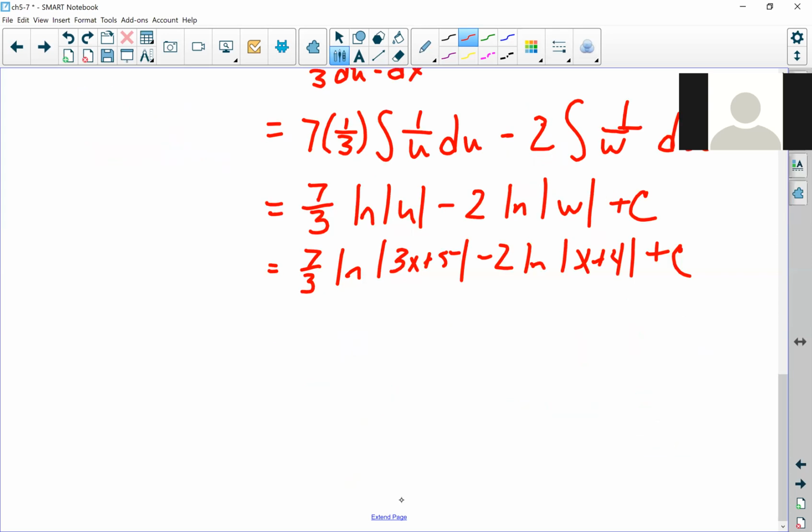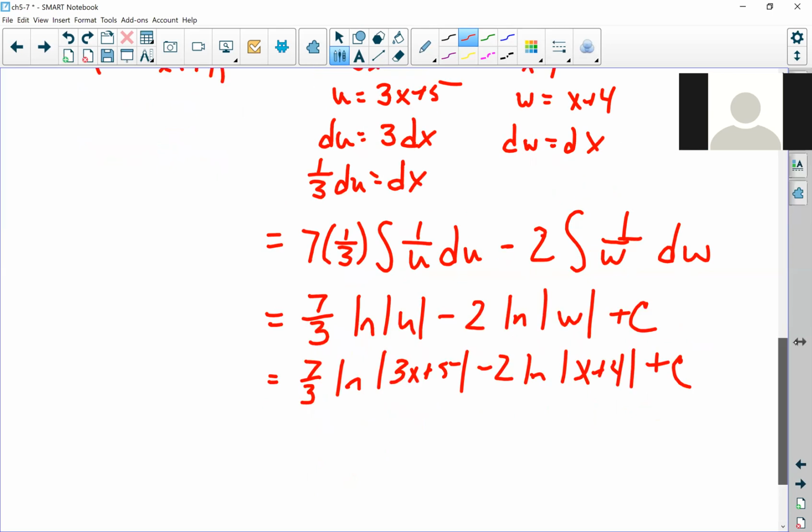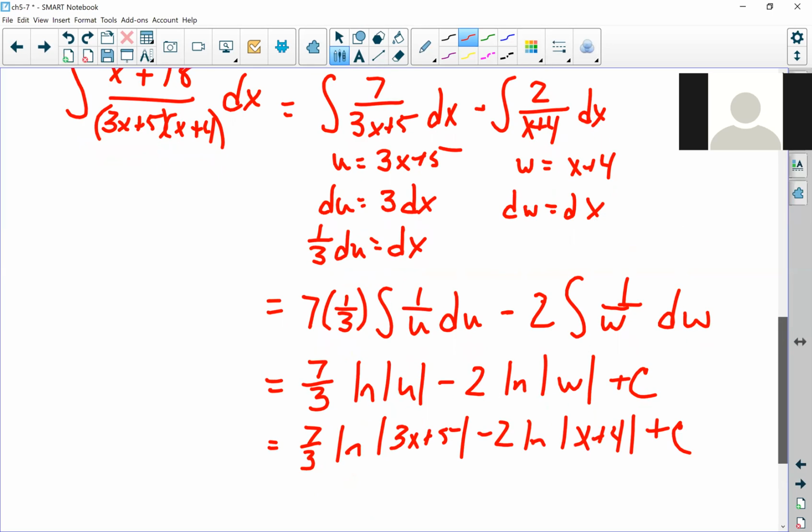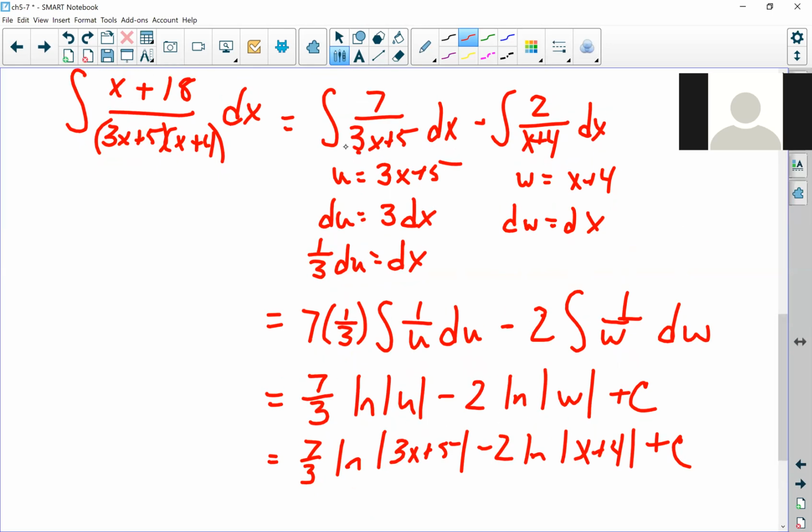So here's what I hope that kind of aha moment would be. When we have a number in front of the x, a coefficient with the x, it becomes the same value in the denominator of the integral.